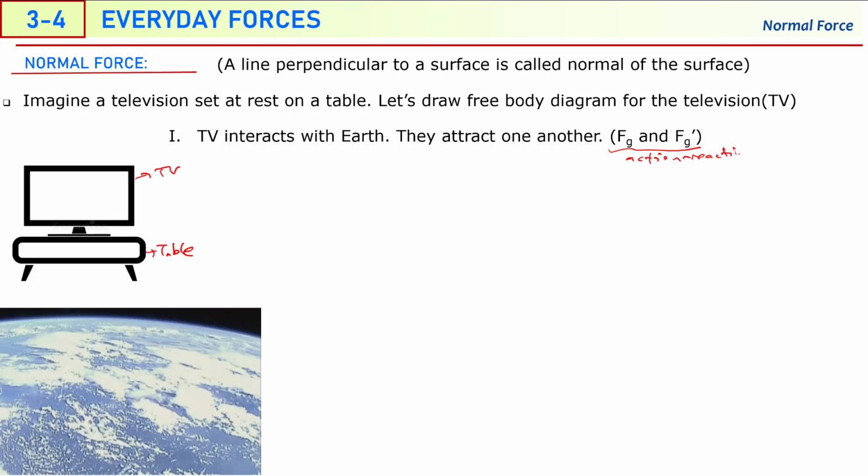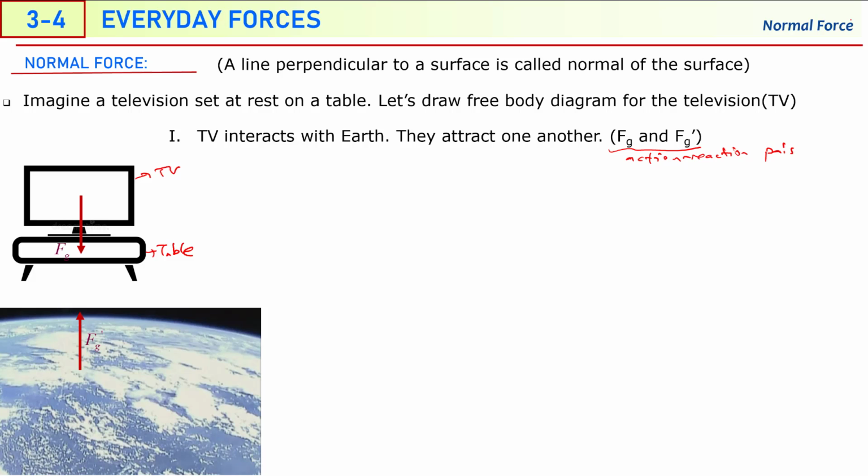I can hear you say, teacher, how is it possible that the television attracts the Earth? Yes, it does. Remember, we said that in nature, a single isolated force is not possible. Forces are always created in pairs. If you say one of them is the action, the other one will be the reaction force. So this is the first interaction, television and Earth.